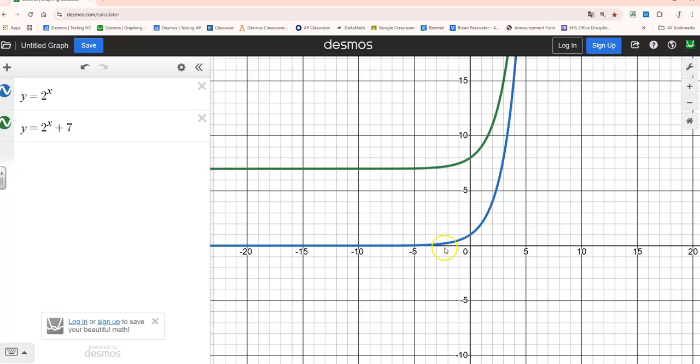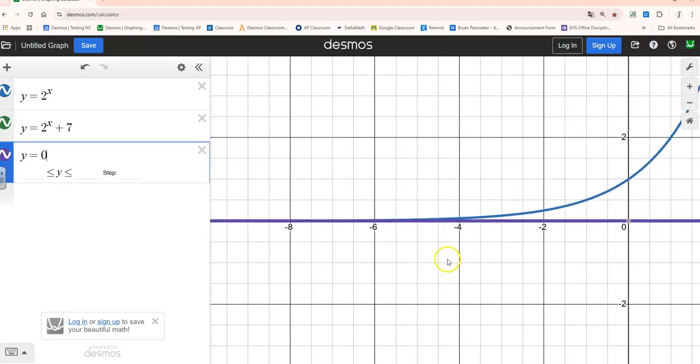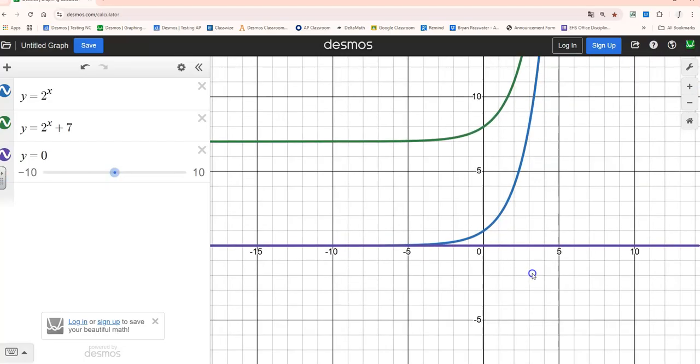Zoe, what is the asymptote of the blue graph here? We have a horizontal asymptote. What is that asymptote there? Okay, it would be 0. Particularly if I want to graph it, what do I have to type in? Is it y equals 0 or x equals 0? It's y. So y equals 0. Right there, there's that vertical asymptote, right? Okay, I'm sorry, I said vertical. It's horizontal. Never touches. That's beautiful.